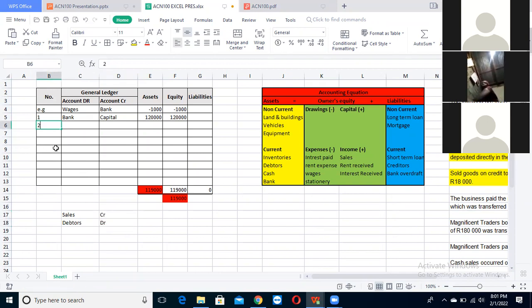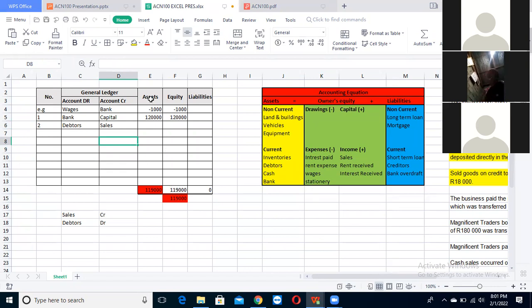So we might as well move on to our what? To our answer sheet. Whom are we debiting? We just come and take who? The debtors account, since we have already established. So we put in debtors. And whom are we crediting? We are crediting the sales, as we have already established.